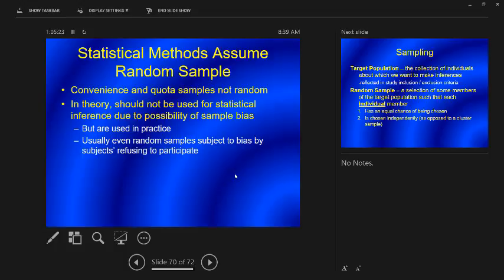If you have a random sample from the target population, then the statistical methods can work assuming no sample bias, and the only thing you're left with is to quantify the sampling error, or the random sampling variation, which we'll talk about later in the next lectures.